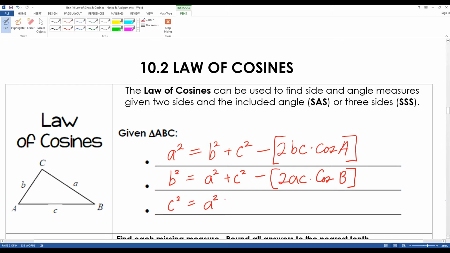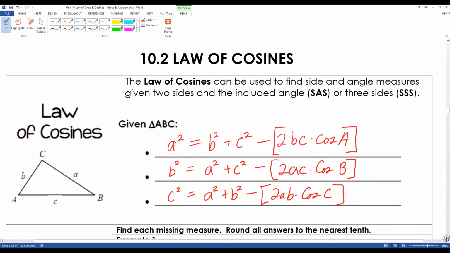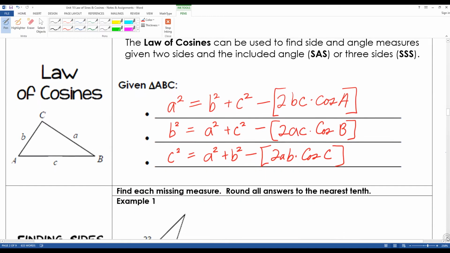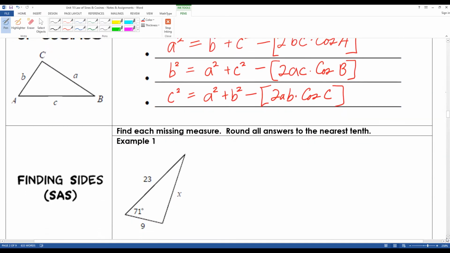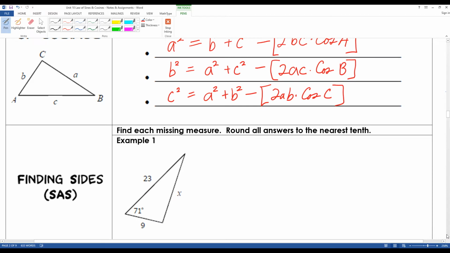C squared equals A squared plus B squared minus 2AB times the cosine of C. All right, it's not really tricky, but we just have to decide which one we're going to use. We can only use one, and it depends on what we're given.